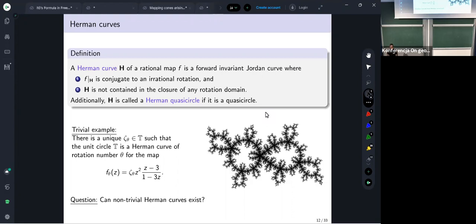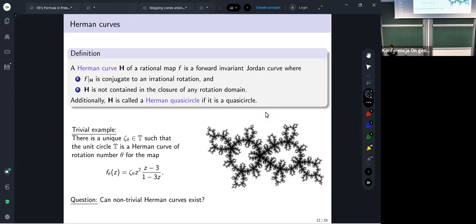But then the combinatorics along the Herman quasicircle will still contain the symmetry. So there's still a bit of information carried from the Blaschke product. But is it possible for me to produce more examples, those that do not have the symmetry from the Blaschke products?